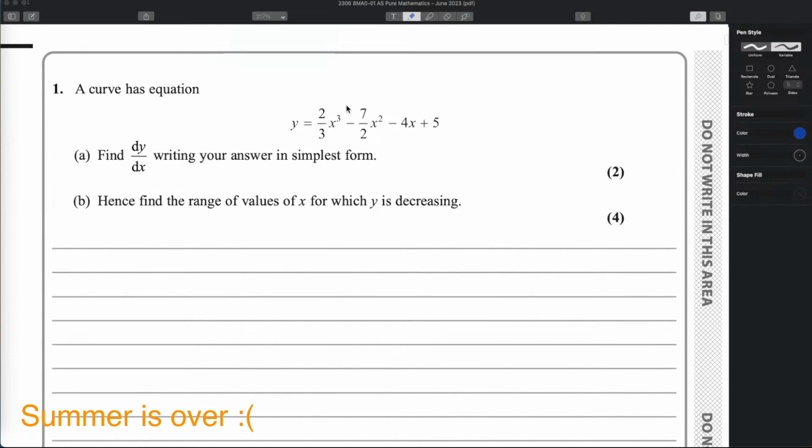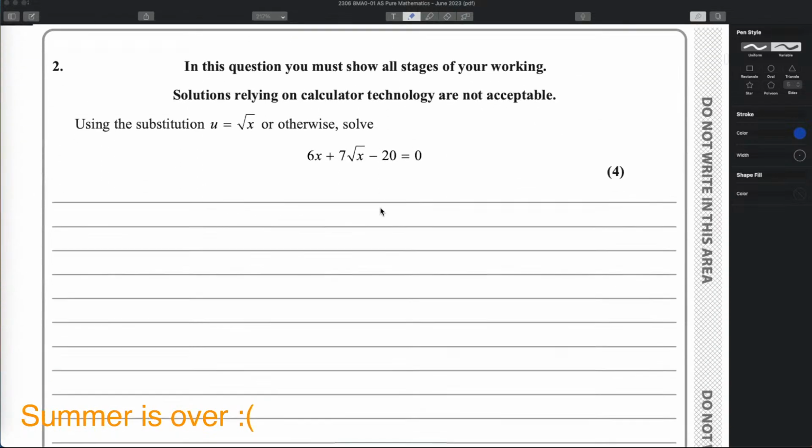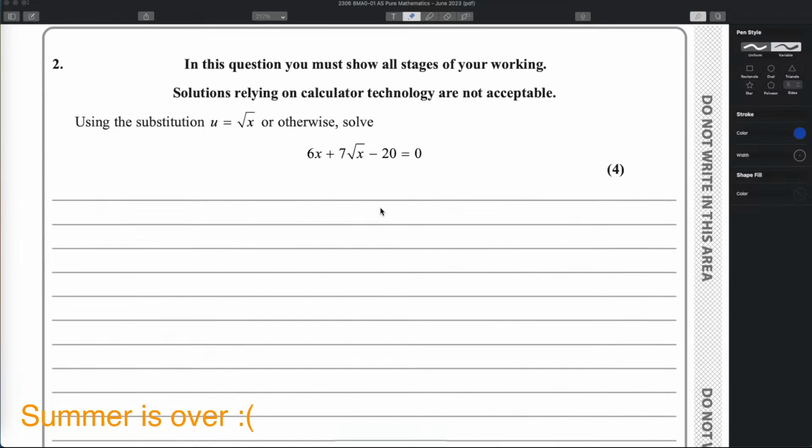So it's to do with finding the derivative and then finding the range of values for x for which y is decreasing, and you do that by finding where the derivative is less than 0. Okay, so we're going to start on question 2.